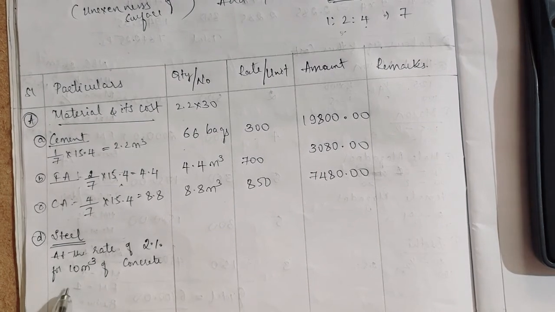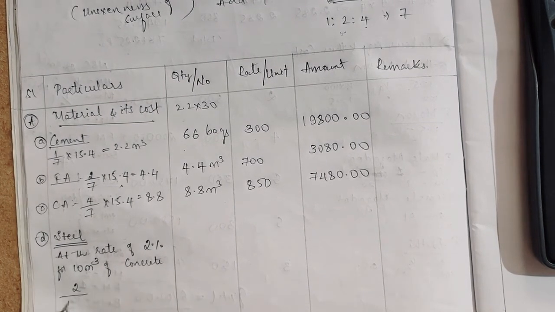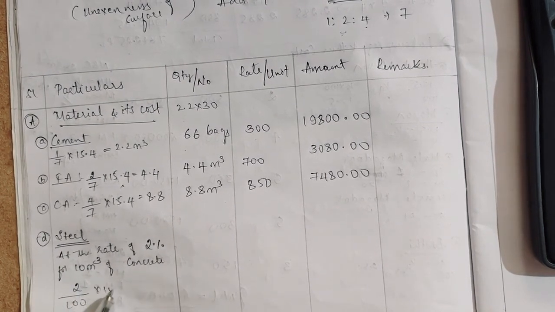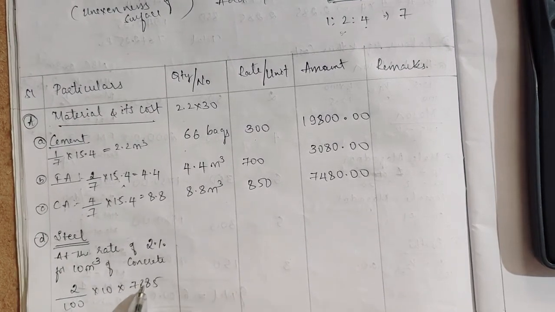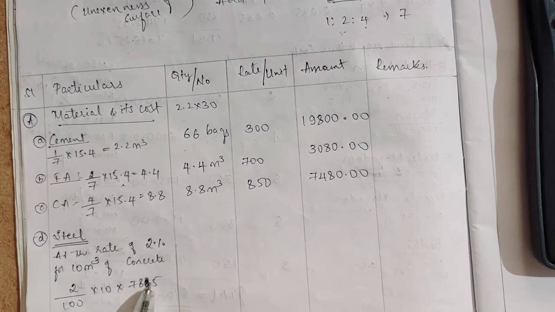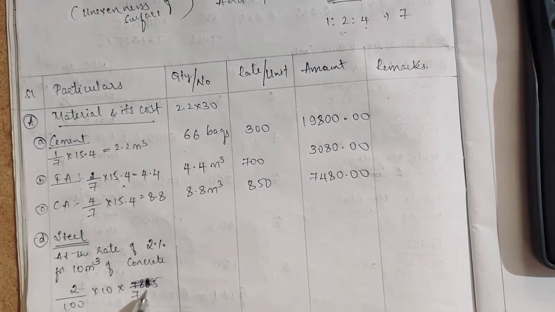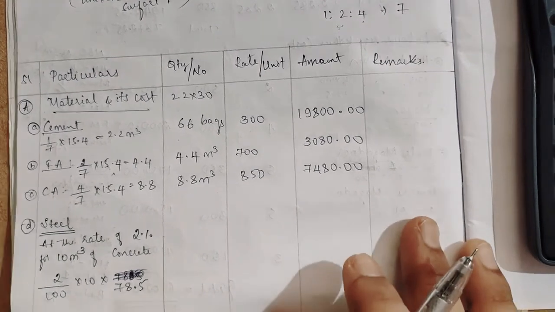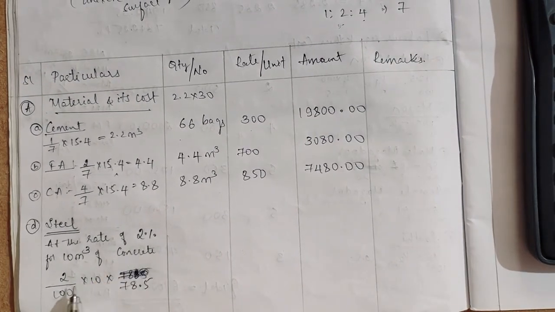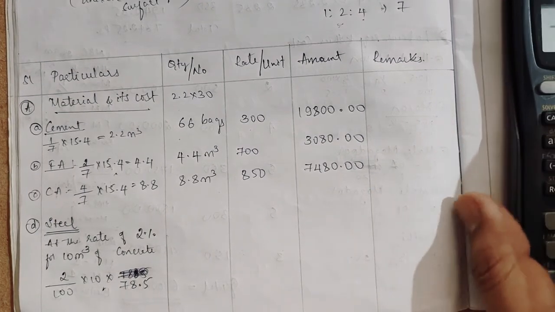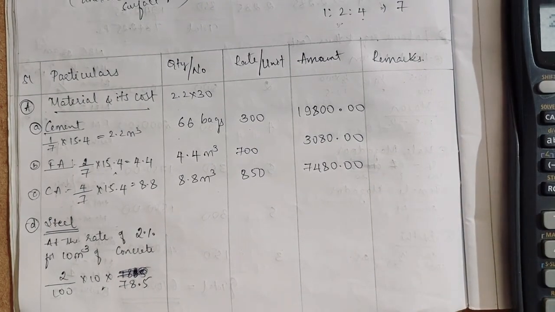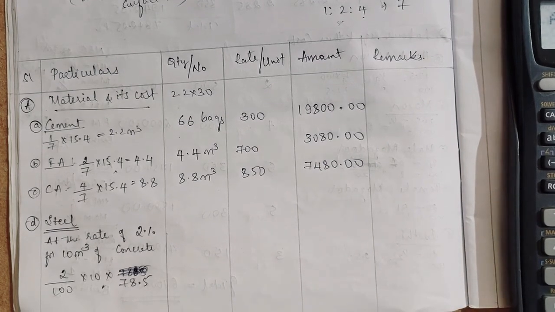So 2/100 into 10 into 78.5, which is the density of the steel.